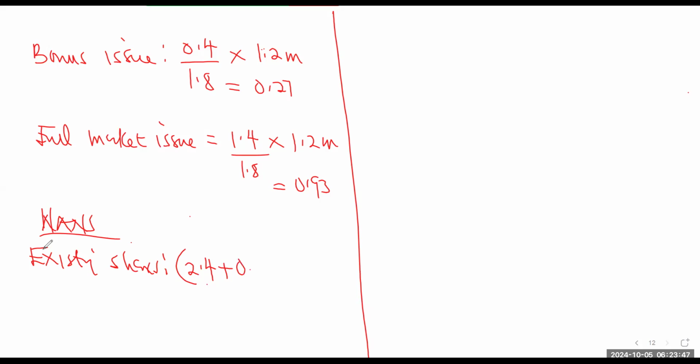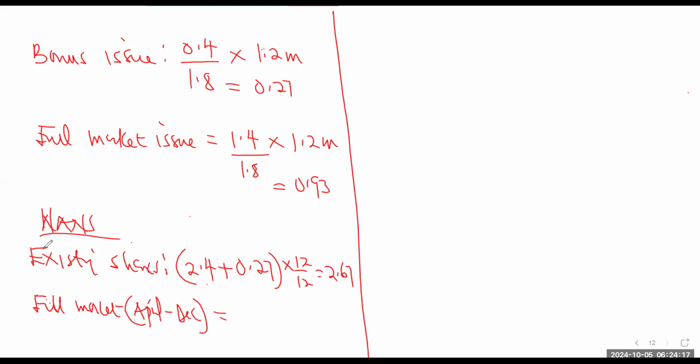So we have 0.27. Then this will have a full year, 12 over 12. So what are we going to be having? 2.67. Okay, so we have 2.67. So we come to the full market issue. That will be April to December.